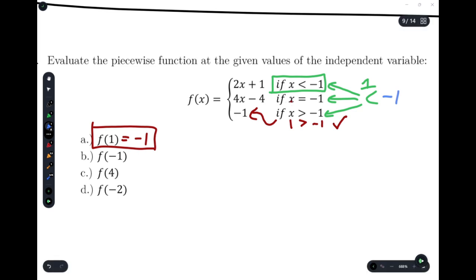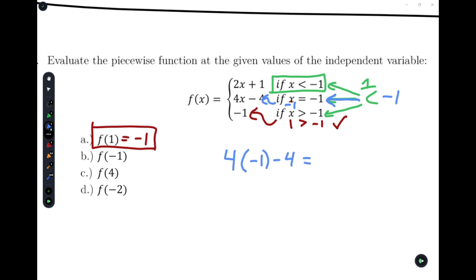Which one does negative 1 go through? The middle? Is negative 1 equal to negative 1? So then what do we do here? 4 times negative 1 minus 4. We don't just write negative 1 as our answer, though. We plug it in and that's actually negative 4 minus 4, which is negative 16.